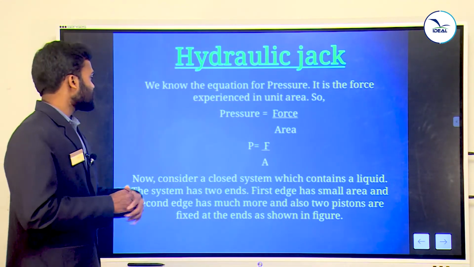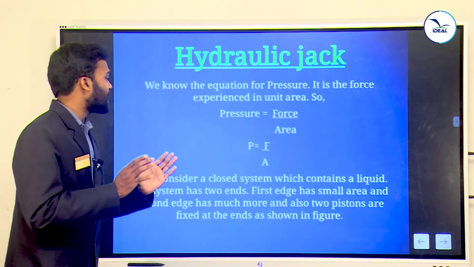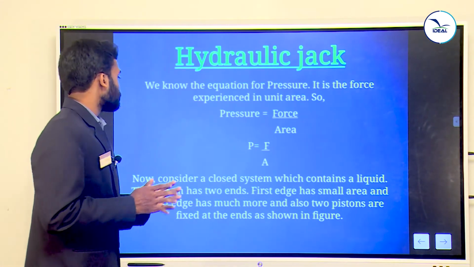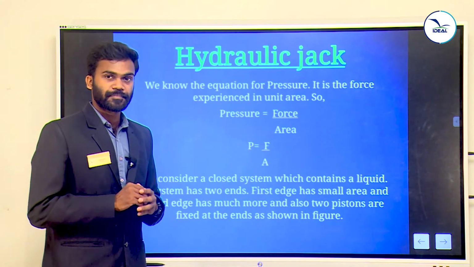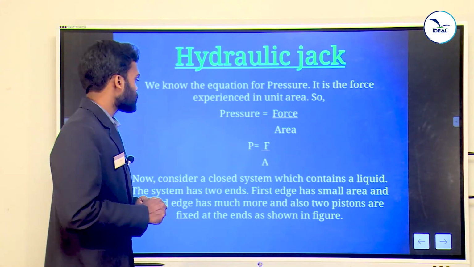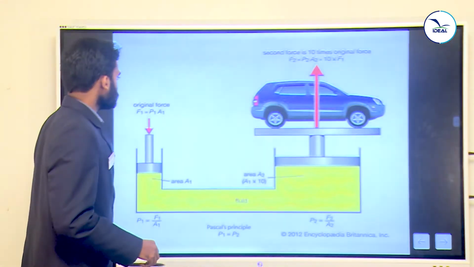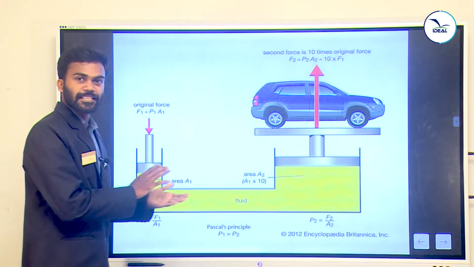Now consider a closed system which contains a liquid. The system has 2 ends. It is better to see here. This is the system.